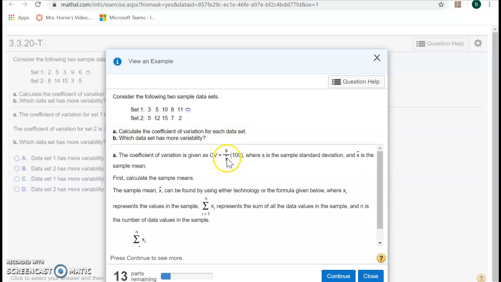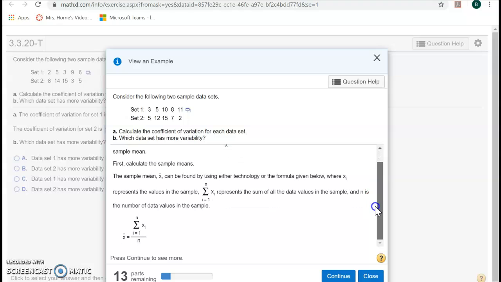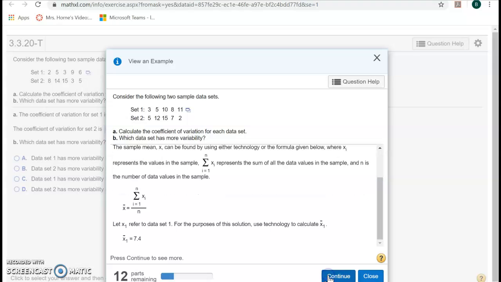The coefficient of variation is the standard deviation divided by the mean of the sample times 100. So we need to look at the steps here, and it looks like that to calculate the mean, we're going to round to one decimal place.